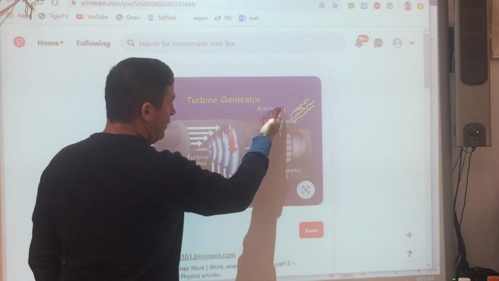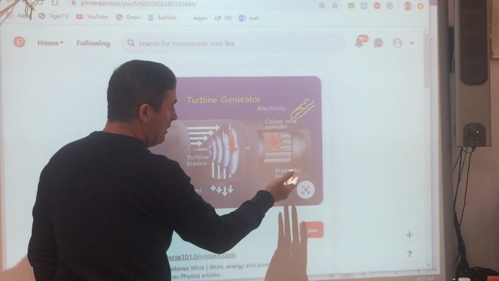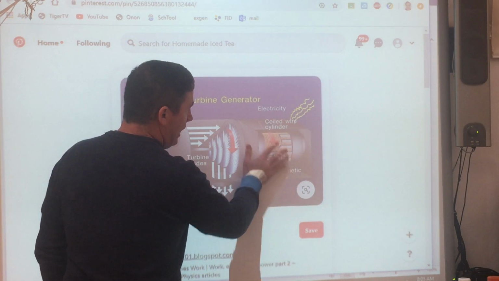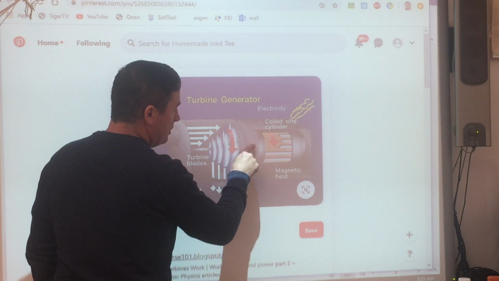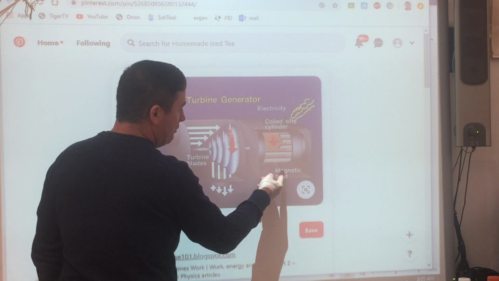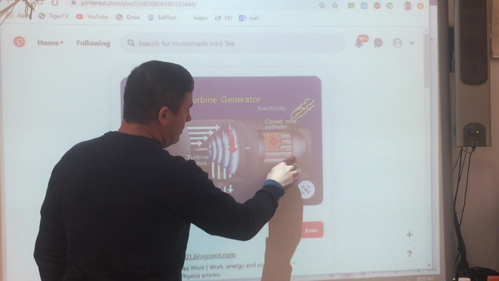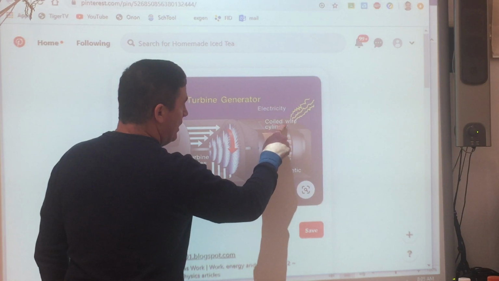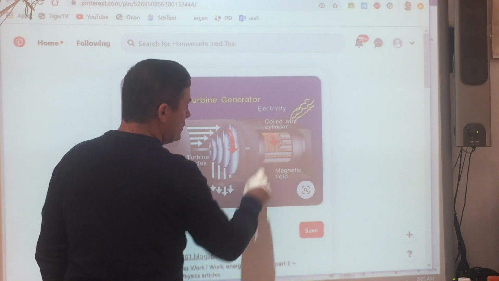Now, here's how the electricity is generated. Essentially, this giant cylinder spins around a magnetic field. So you've got magnets here, which are stationary, and then you've got a coiled wire cylinder.